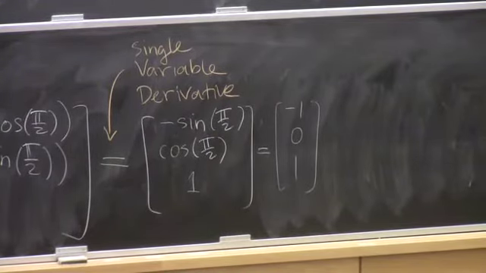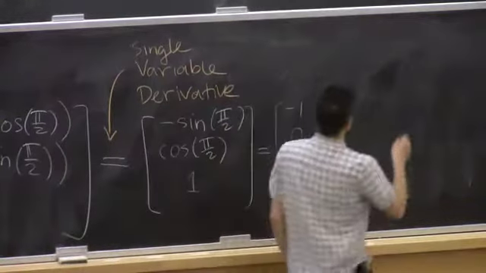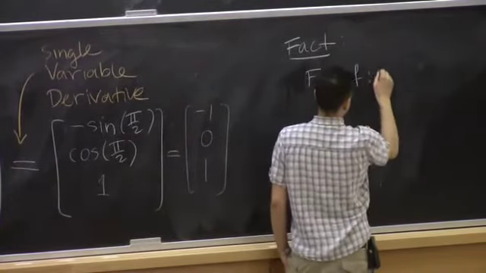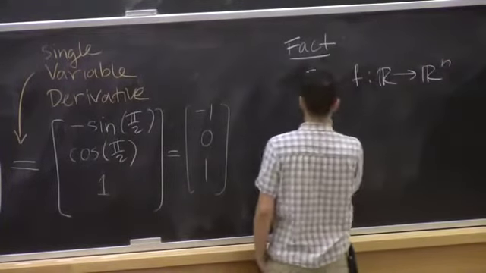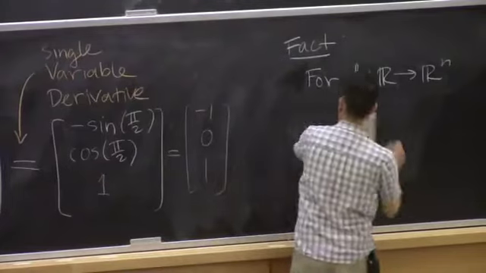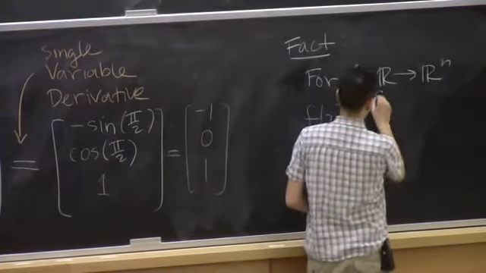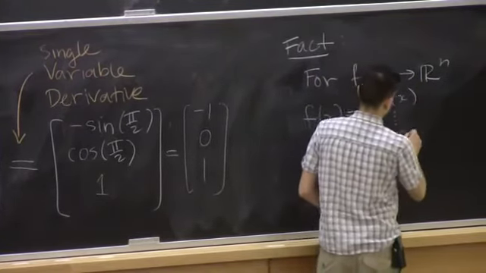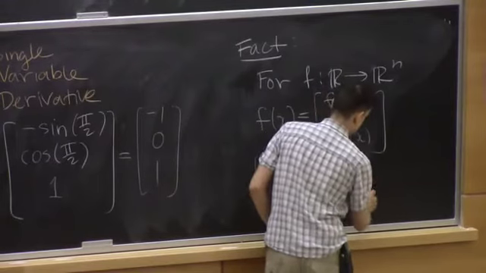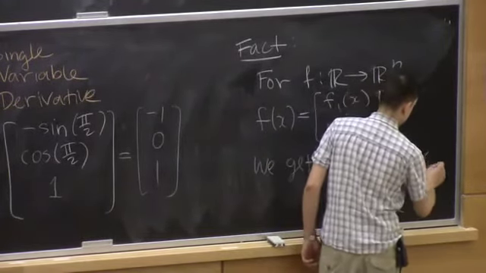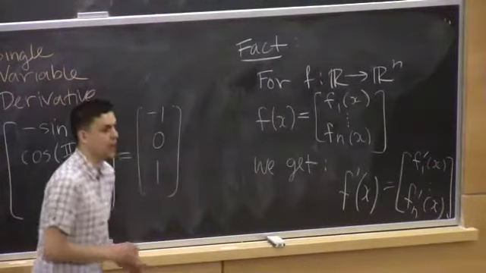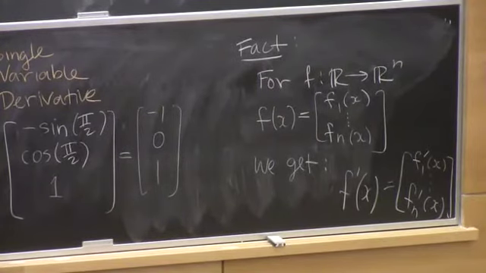So the moral of the story is, for a curve in space, we take the derivative of each of the components.